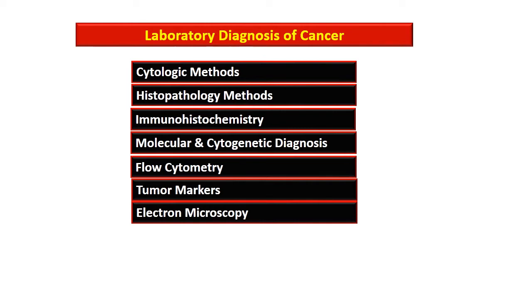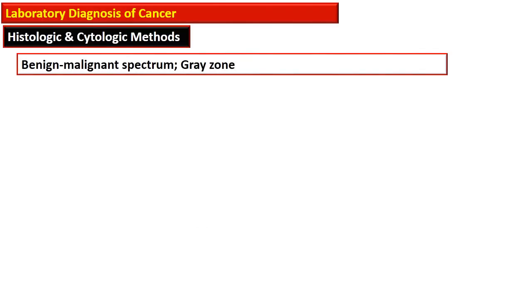Then there are molecular and cytogenetic diagnosis of the tumor, which is important especially in some undifferentiated tumors and mandatory for blood malignancies. Then flow cytometry, there are some tumor markers, and in undifferentiated tumors or in some special cases electron microscopy is also used.